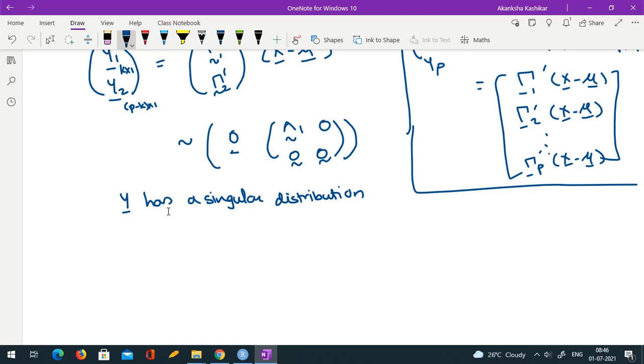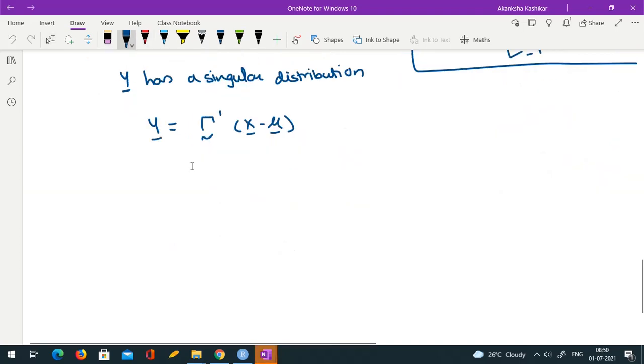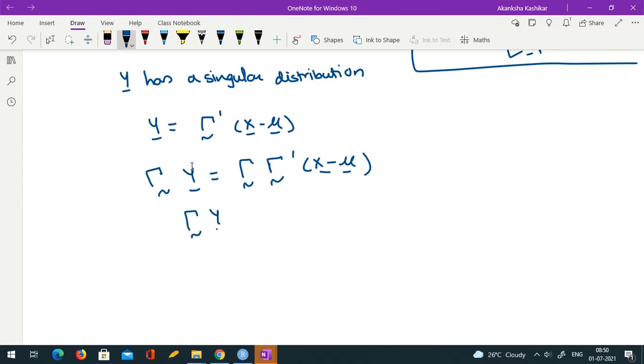Now, what I have so far is y is equal to gamma prime (x minus mu). Because the matrix of eigenvectors is orthogonal, I can write gamma y as gamma gamma prime (x minus mu), and because it is orthogonal, gamma gamma prime will be identity.